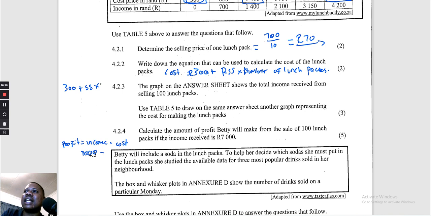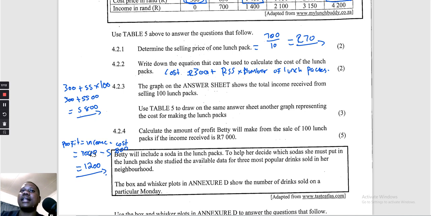The number of lunch packs is 100, so it's 300 plus 100 times 55, which is 5,500. So it's going to be 5,800. We subtract 5,800 from 7,000. Then the profit there is 1,200.